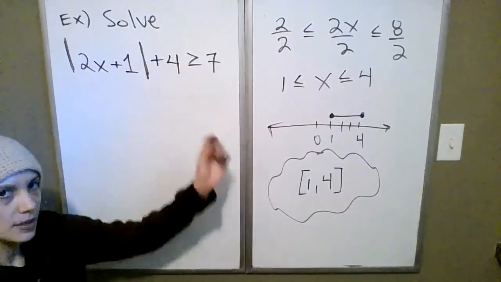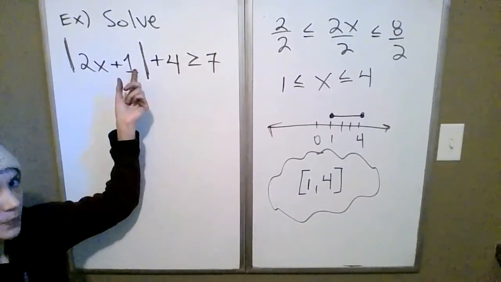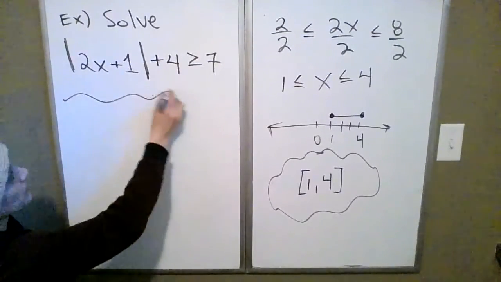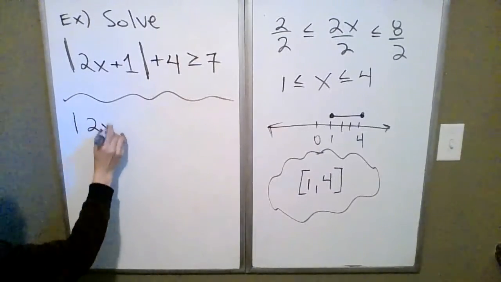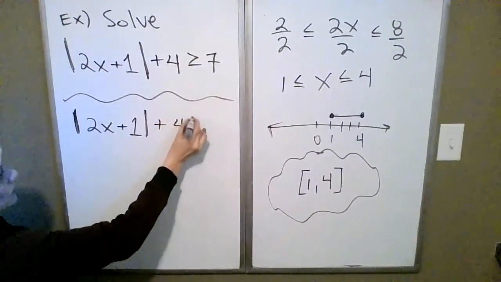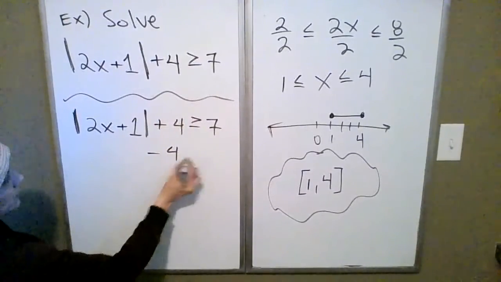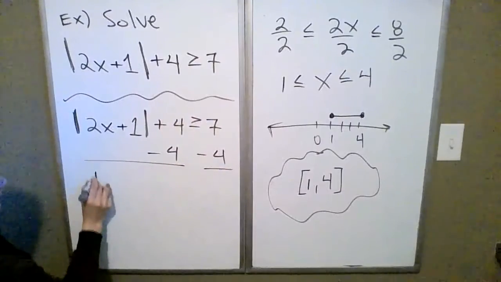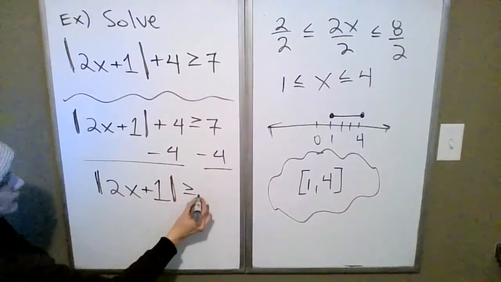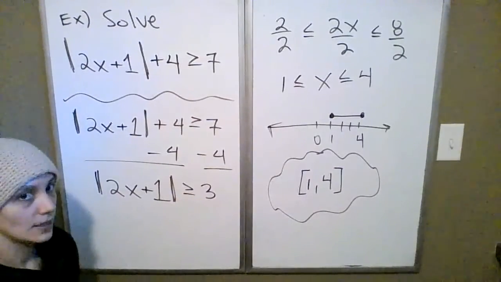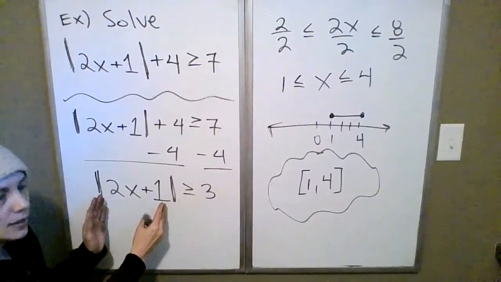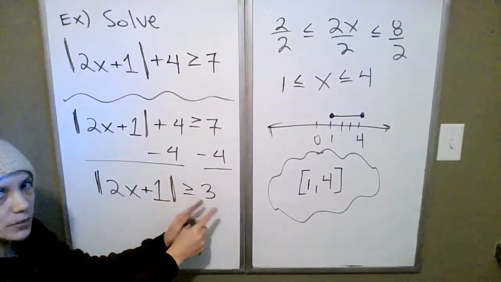Okay, before translating, we need to isolate this absolute value bar. So we'll subtract 4 from both sides. Okay, next, translate. Absolute value is the distance of this number from 0. And that will be greater than or equal to 3.